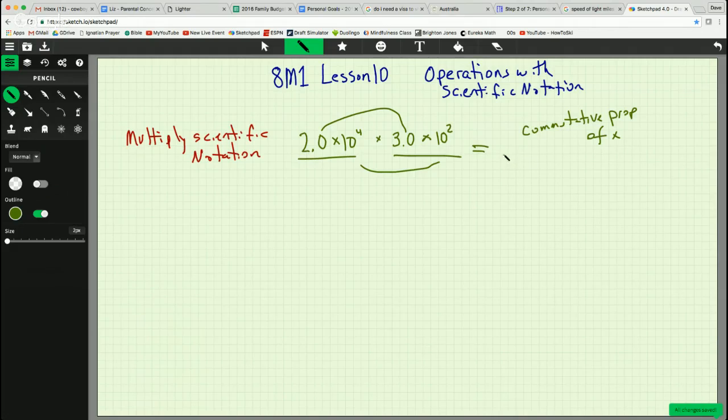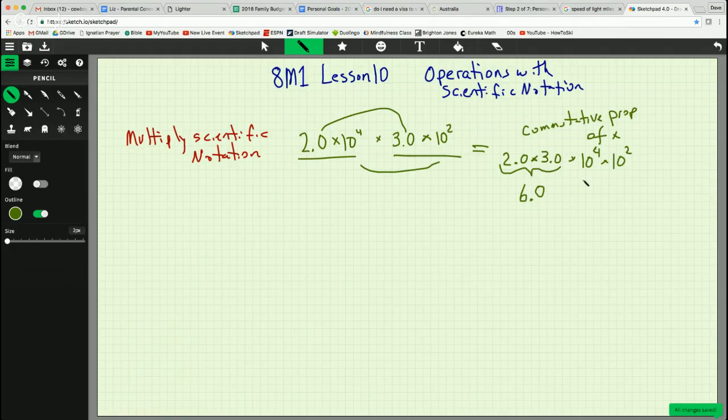We can take that first one times the third one, and then we can take the second and the fourth one and put them at the end. And now we can use regular multiplication to simplify. So 3 times 2 is simply 6.